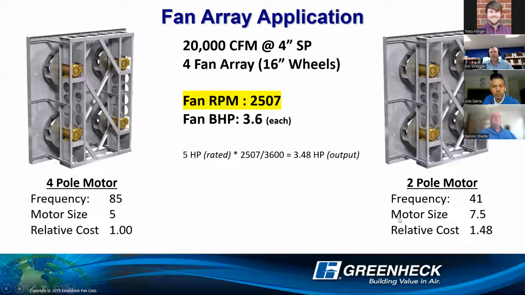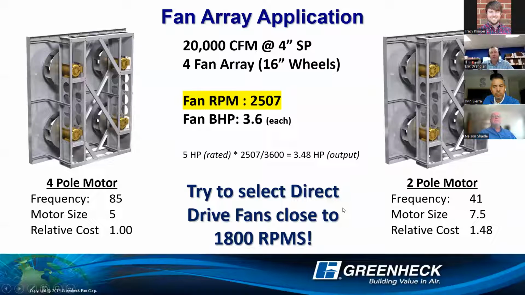Per NEC, all the electrical conductors and everything's got to be sized off our rated horsepower. So in this case, even though we're pulling 3.6 horsepower out of the motor, everything's got to be sized off of the 7.5 horsepower nameplate. So there's additional costs from wiring and conductors and disconnects and everything else has to be sized for that total rated horsepower, not necessarily the horsepower requirement of the fan.